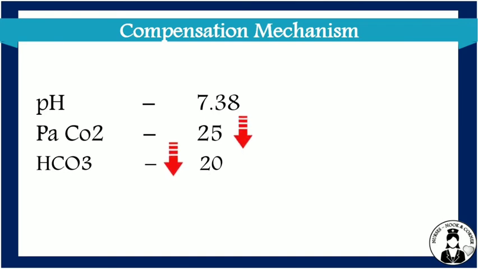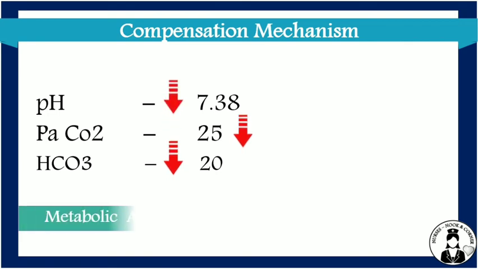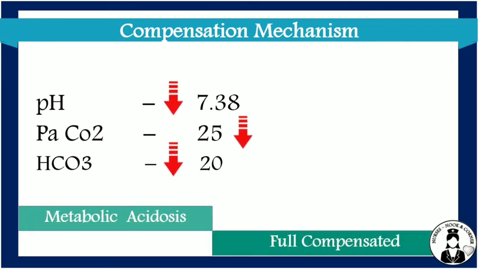Hence it is not a respiratory condition, it is a metabolic condition and metabolic acidosis. But why has pH attained 7.38, that is between the normal range? Because carbon dioxide is compensating the decreased bicarbonate. Hence it is a metabolic acidosis that is fully compensated.